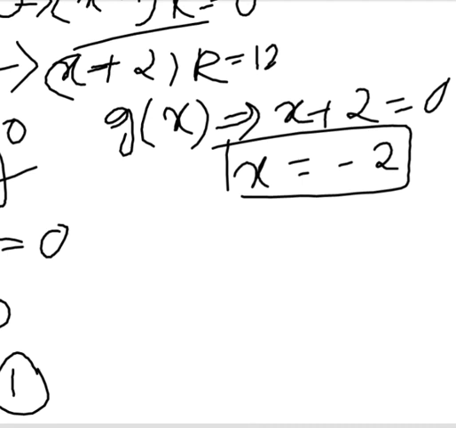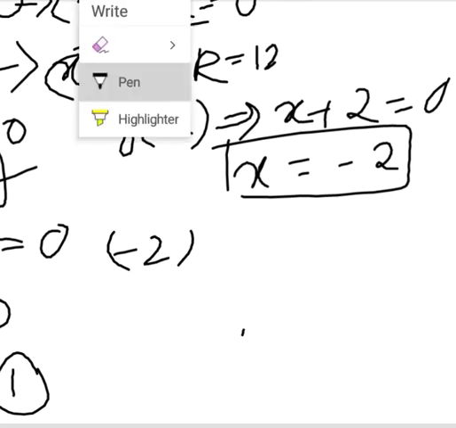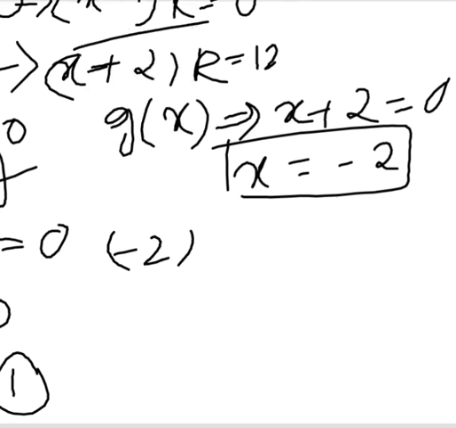Now just put minus 2 wherever x is found. So x square means minus 2 square, plus b into minus 2, plus c.